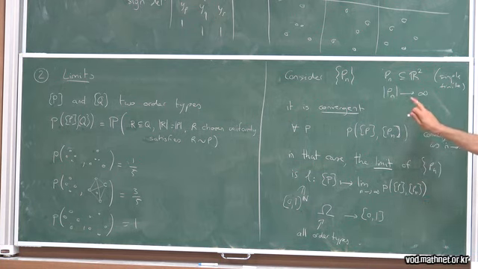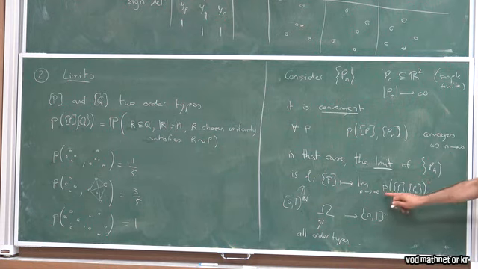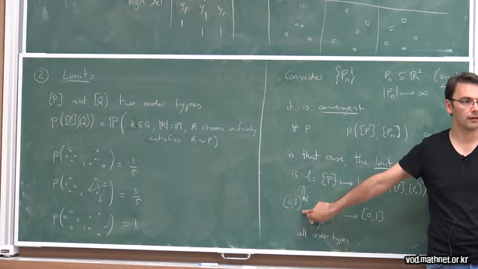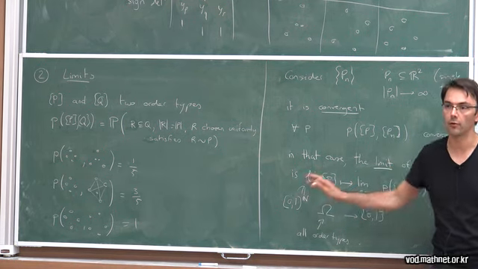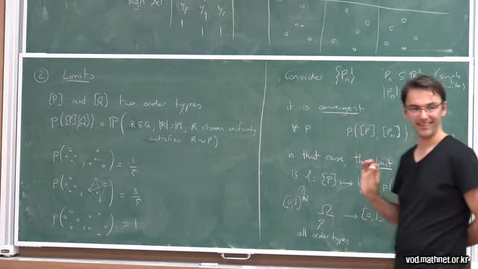Any sequence of order types will have a subsequence that converges in that sense, simply because every sequence of order types gives you a sequence of values in that space, which is compact, so there will be a converging subsequence. So it's not an empty definition. There exist many examples. I haven't shown you any yet.